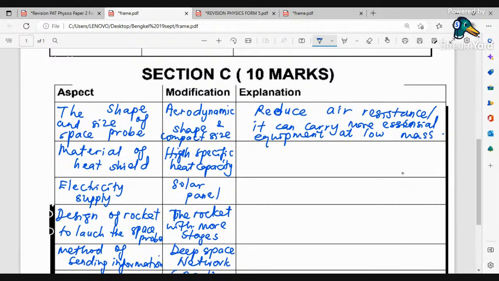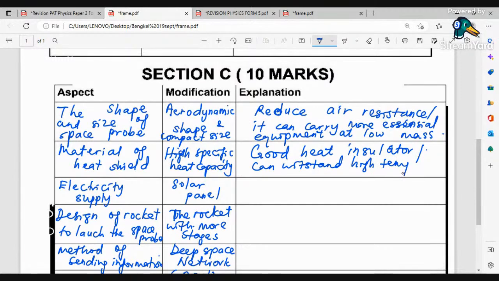Boleh bawa lagi keperluan-keperluan lain okay, tanpa meningkatkan mass dia sehingga terlalu tinggi. Itu maksudnya compact. Okay, high specific heat capacity, good heat insulator, can withstand high heat. Semua tu pun boleh. Okay, can withstand high heat. Or high temperature pun boleh.